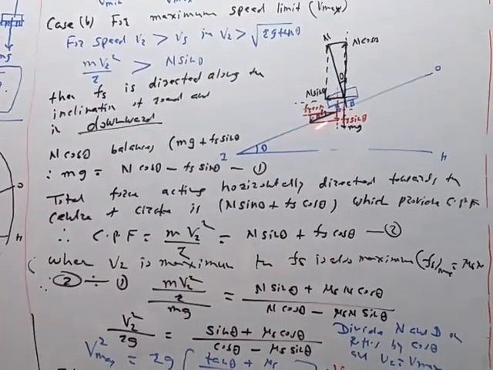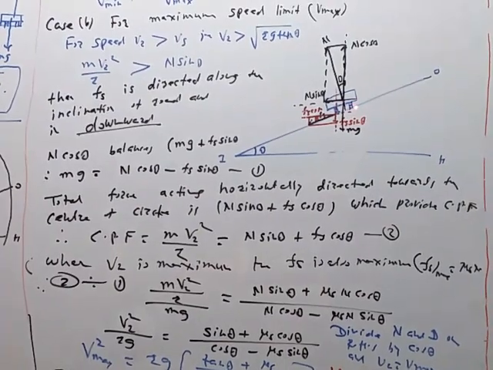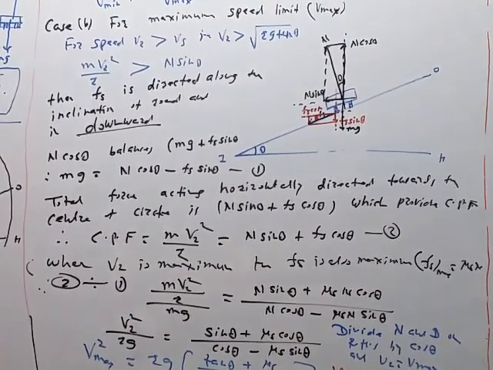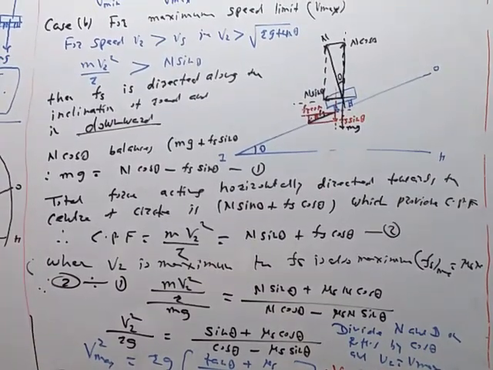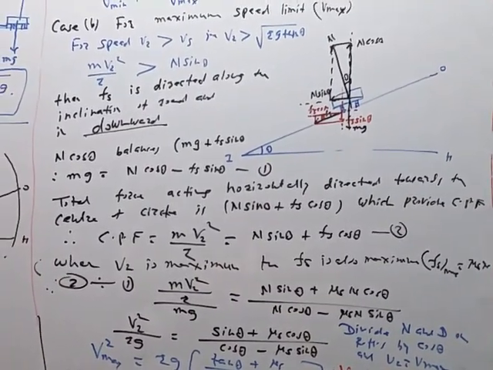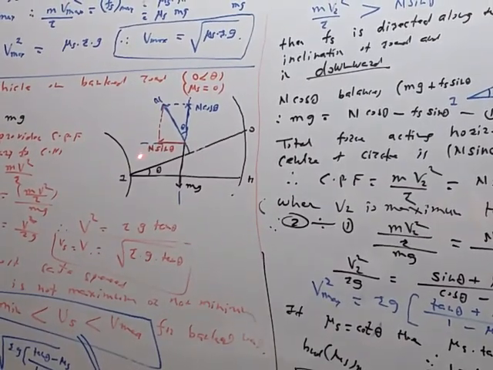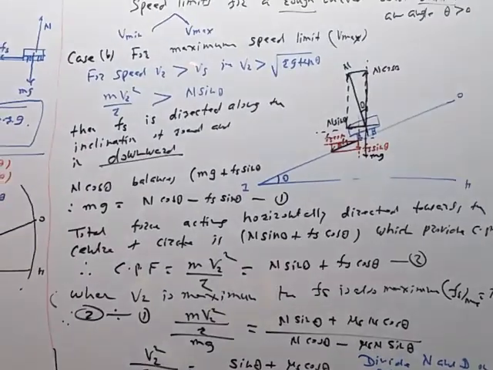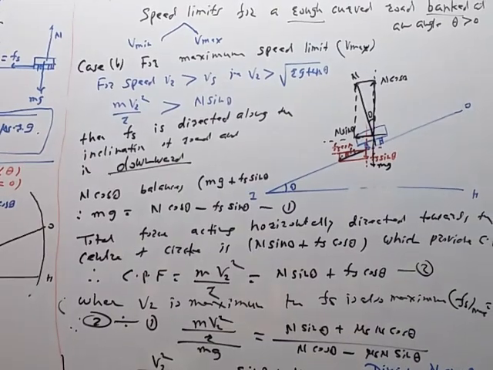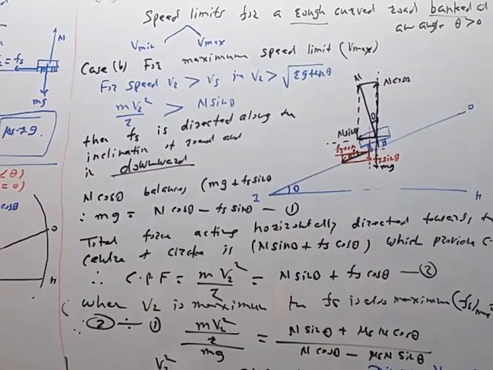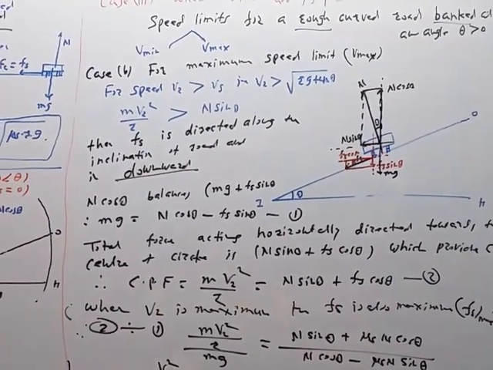So for maximum speed limit Fs is in this direction, for minimum speed limit Fs is in this direction, and when friction is neglected, then there is no Fs either in upward or in downward direction, and in that case the figure will become like this. Without friction, this is the case. With friction, this is the case. For maximum speed limit Fs is in the direction along the tangent to the point of contact between the tires and road surface.